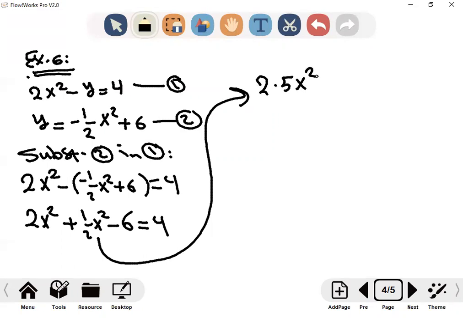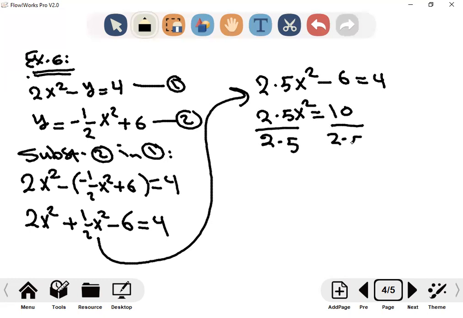Minus 6 equal 4. Shift the minus 6 here. 2.5 x power 2 equals 4 plus 6, 10. Divide both sides by 2.5. So x power 2 will be what?